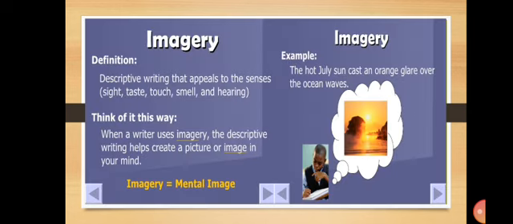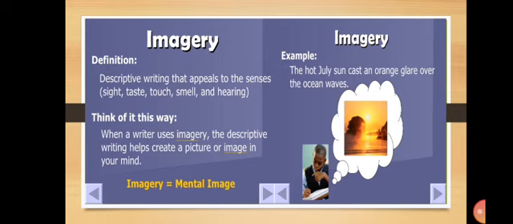Next we have imagery. Imagery is of five types, right? You have five senses: touch, then you have taste, you have smell, you have sound, you have sight, right? So when a poet or writer writes about these senses, he is writing something which appeals to any of your senses.